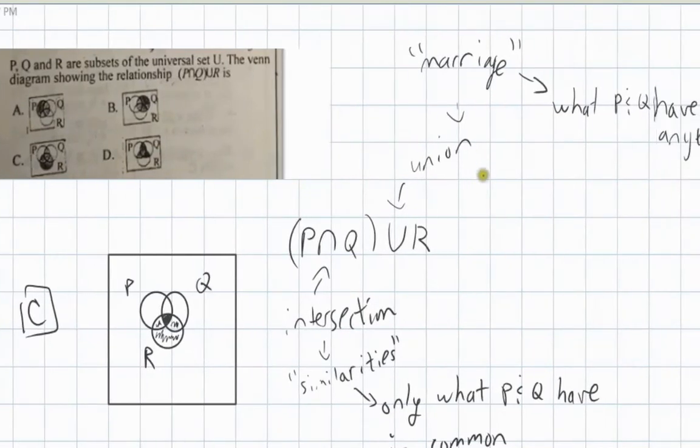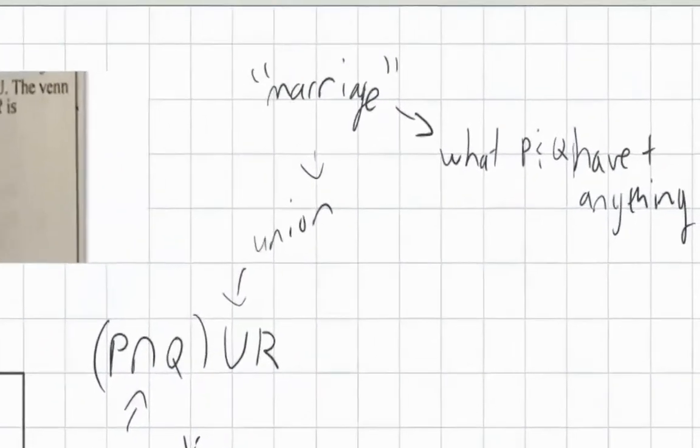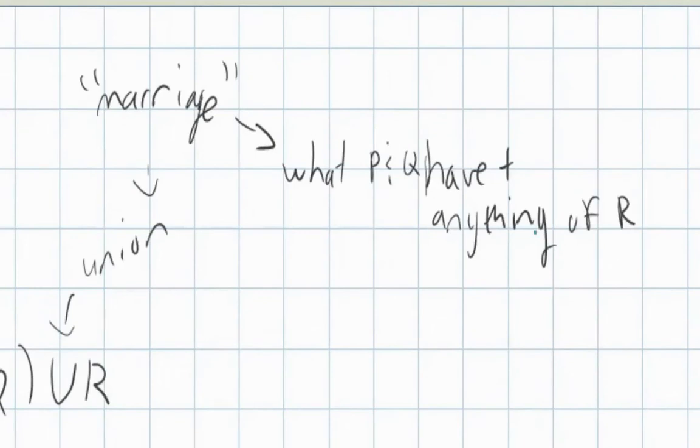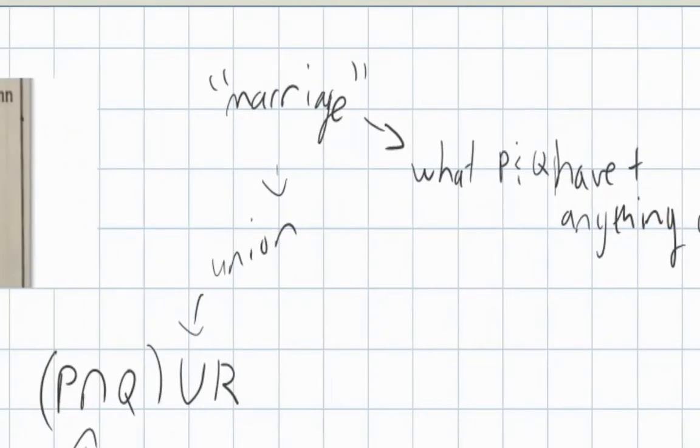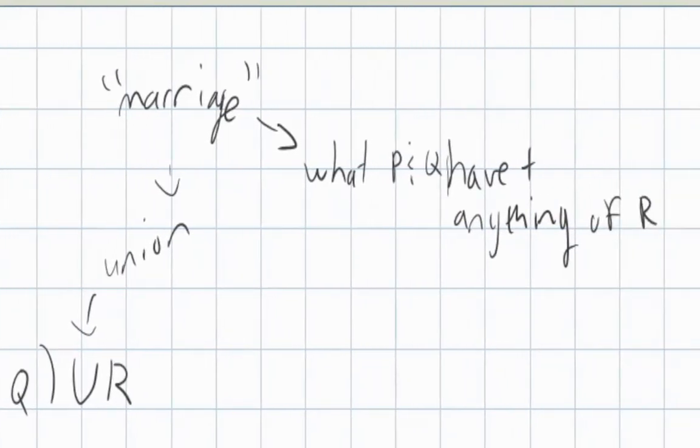When you have a union, which could be called a marriage, you will be taking everything that P and Q have. Say I have two sets, and P has flowers and a vase, and Q has a vase and a TV. My final set will consist of flowers, two vases, and a TV, because that's a union.